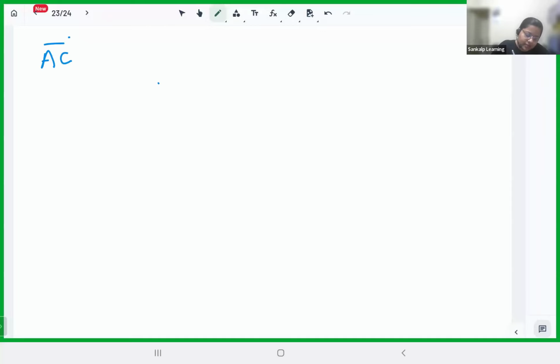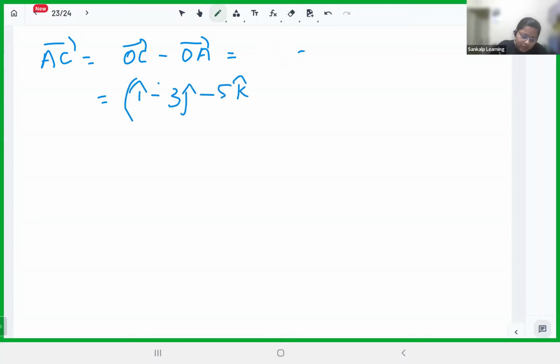And what is vector AC? Vector AC is equal to vector OC minus vector OA. So that is equal to i minus 3j minus 5k minus (3i minus 4j minus 4k). Okay, so this is OC minus OA.